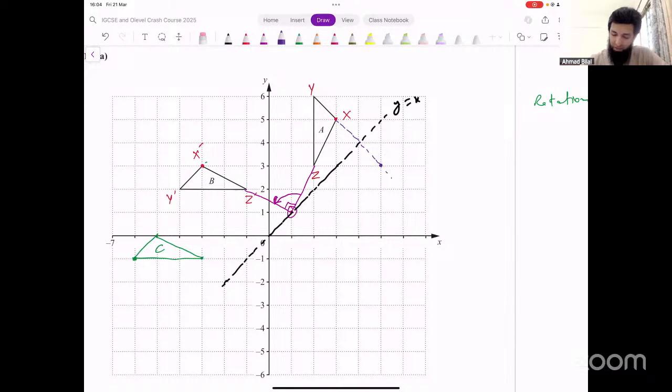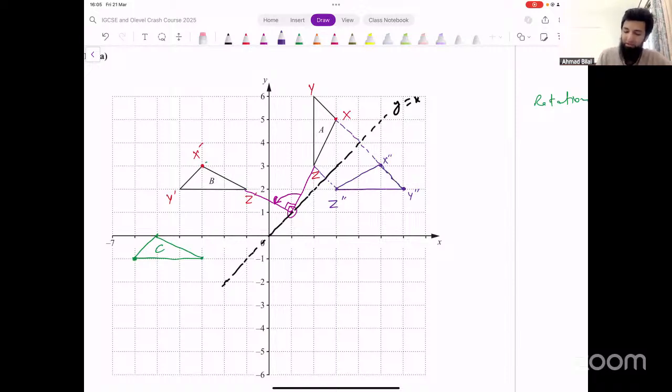It goes 2 units on this side. That's the other point. Let's call this X double prime, this Y double prime. And then Z, it's half a unit here diagonally. On the left side, it goes half a unit on the other side. And that's going to be the corresponding point for Z, and the reflected triangle will look like this.